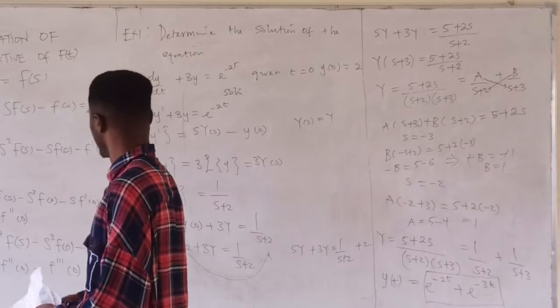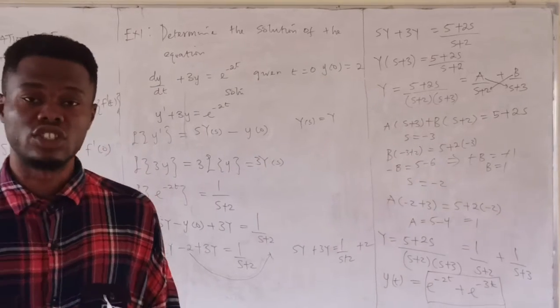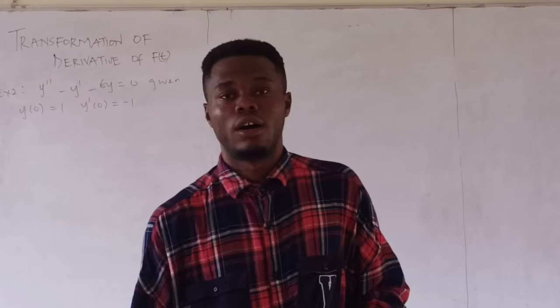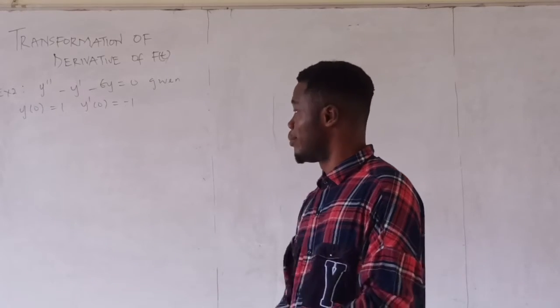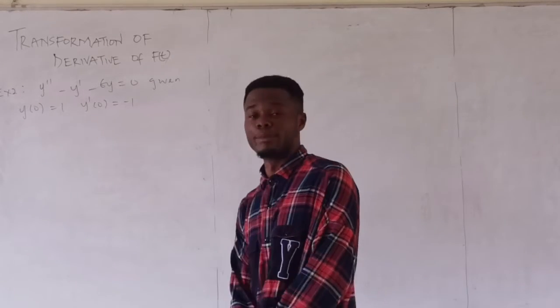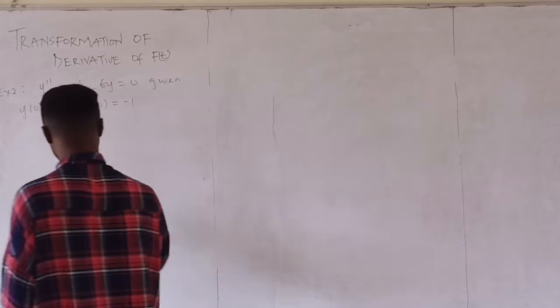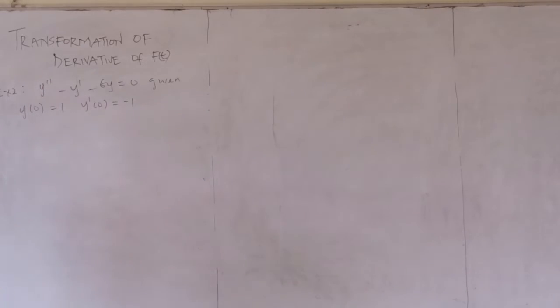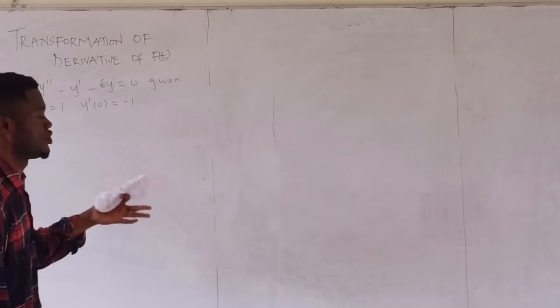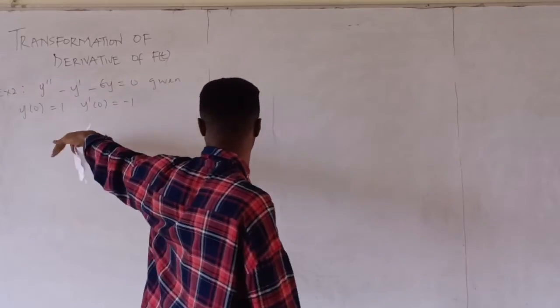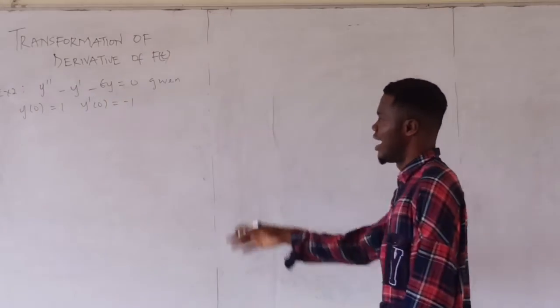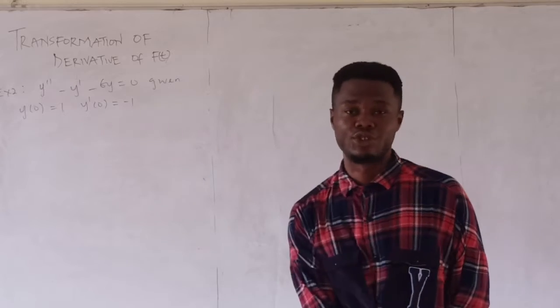So for the second example now, it is thus as above. We have that y double prime minus y prime minus 6y is equal to 0, given that y of 0 is equal to 1 and y prime of 0 is equal to minus 1.